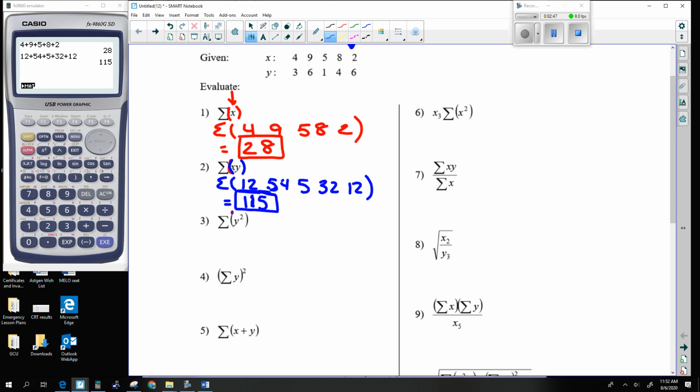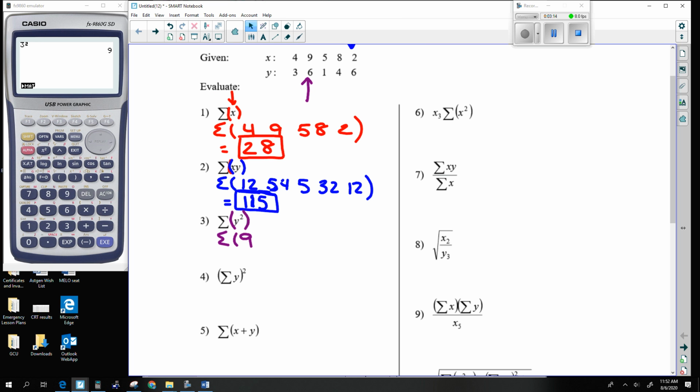All right, next, what is on the inside of the summation? Well, that's y squared. So again, we go through each of the individual y's, and we square them. So this is going to be the summation of 3 squared. In case you're not quick with your arithmetic, use your calculator. 3 squared, 9. Okay.